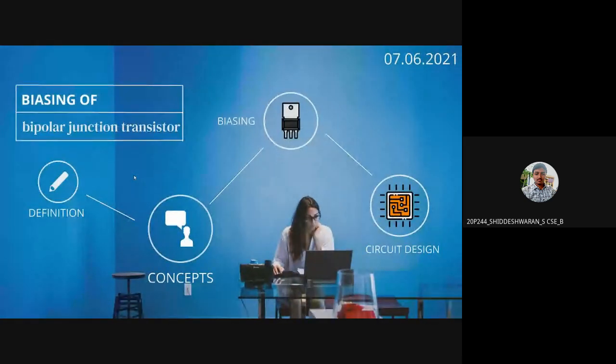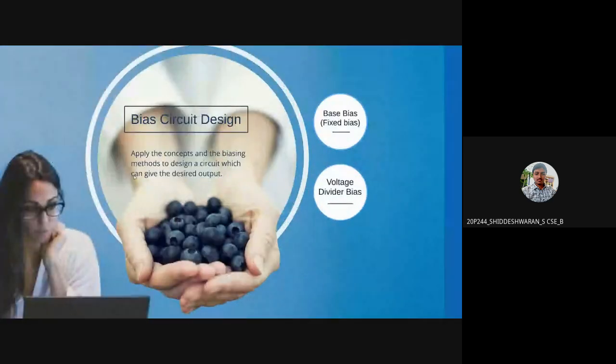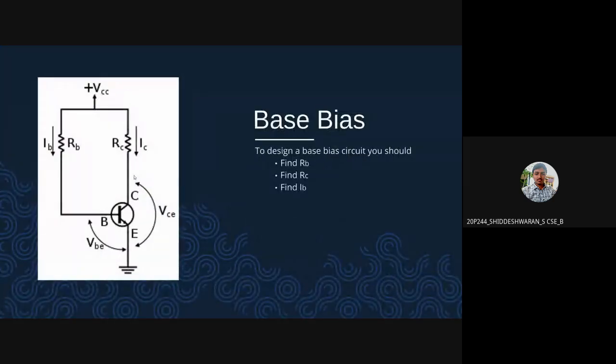Finally, if you want to design a circuit with these biasings, for base bias, you have to frame your application first, and then you have to decide the input voltage and the type of transistor you're going to use.